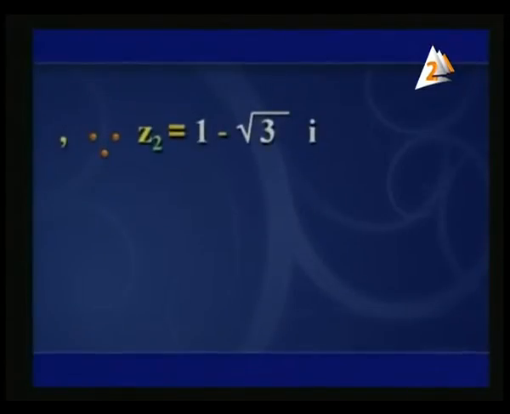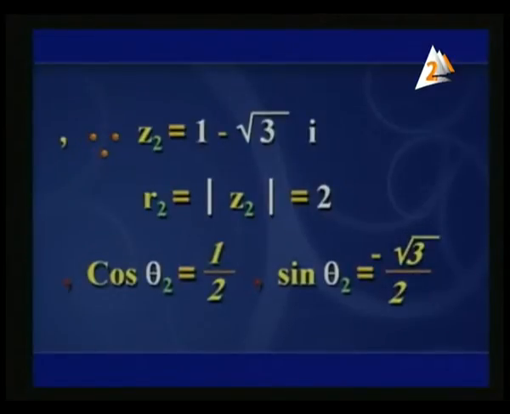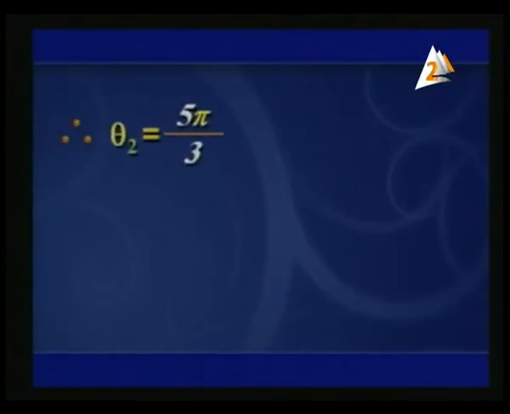Now, with z2, since z2 equals 1 minus root 3 i, therefore r2, the norm of z2, equals 2, and cosine theta 2 equals half and sine theta 2 equals negative root 3 over 2. Therefore, theta 2 equals 5 pi over 3.